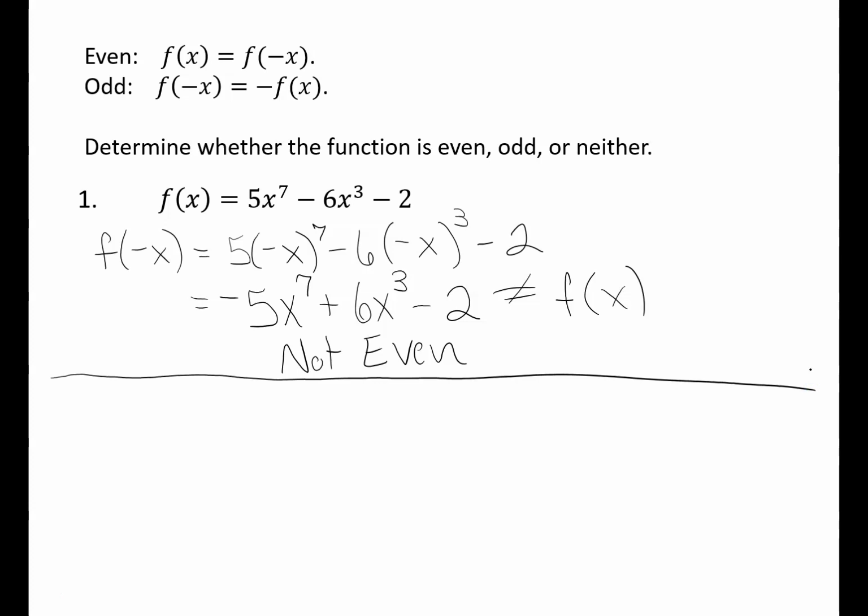Then the next thing we need to do is check, well, is it odd then? So look at the odd statement. F of negative x is equal to negative out front of the whole function. Well, we've already computed f of negative x. The result is here. So next we need to say, okay, what if we stick the negative out front of f of x?